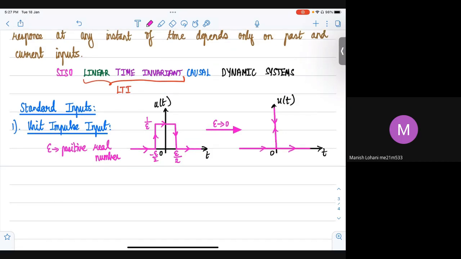The adjective unit came in because the area of the rectangle is 1. I hope now it is clear why it is like an impulse input. This is also called the Dirac delta function, delta t, in mathematics. So this is the ideal unit impulse input.